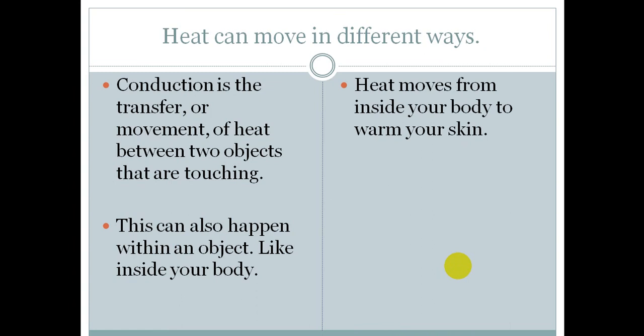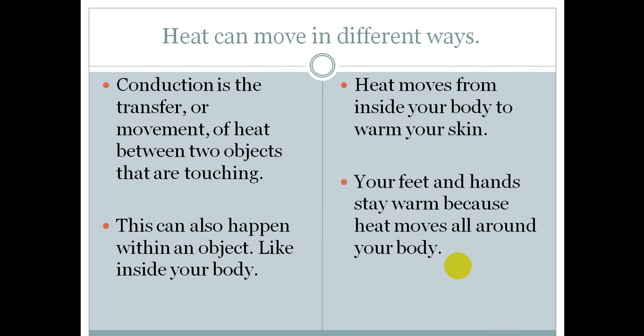Heat moves from inside your body to warm your skin. Also, your feet and hands stay warm because heat moves all around your body. So, conduction is the movement or transfer of heat between two objects that are touching or even within the same object, like as we said, inside your body.